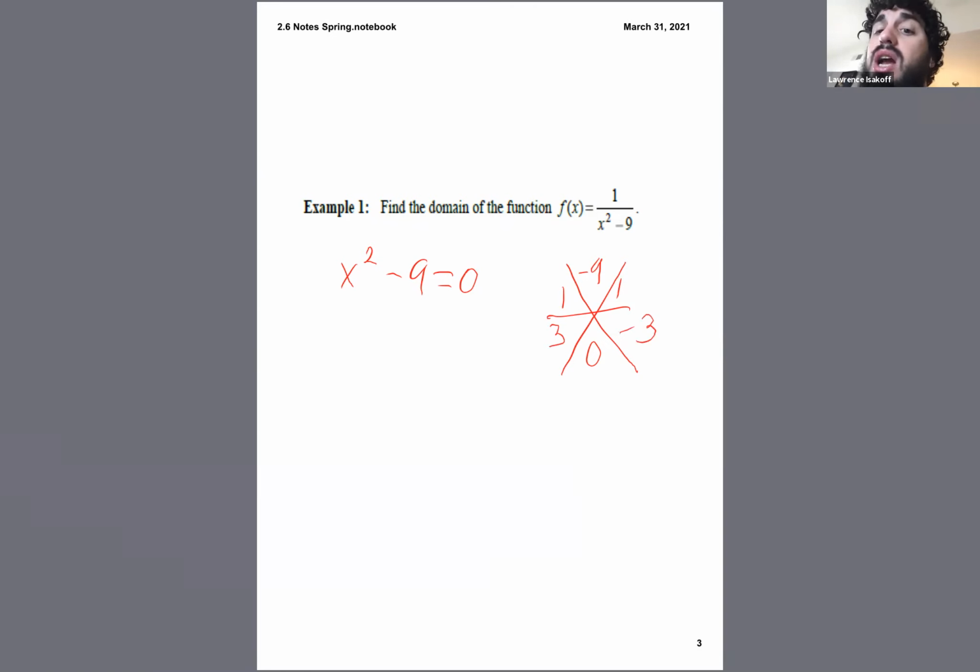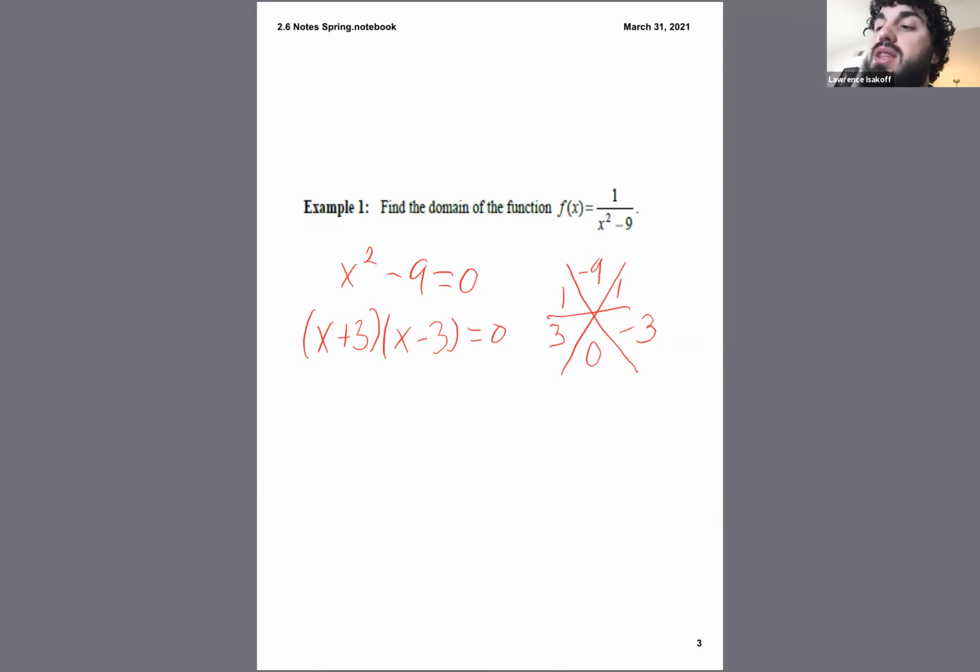Again, I know I've had you practicing factoring for a while with your do nows. So if you're like, I don't need to use a snowflake, I think I figured out factoring well enough, that's fine. You could just jump to this being x plus 3, x minus 3 equals 0.